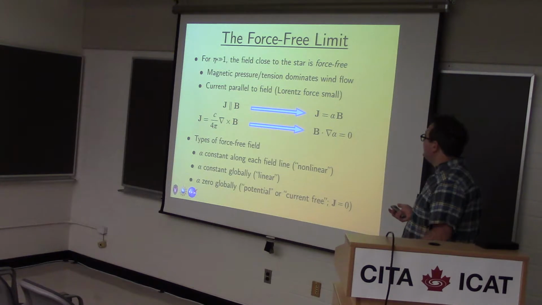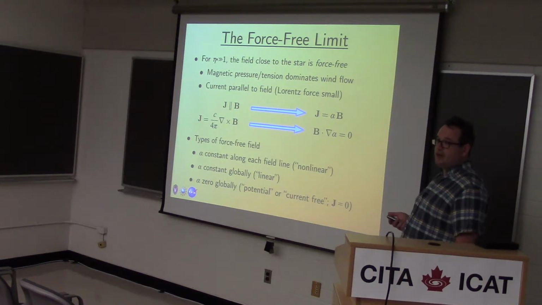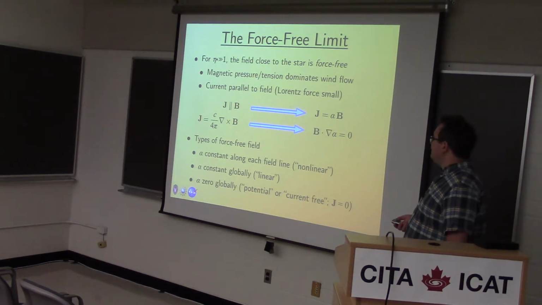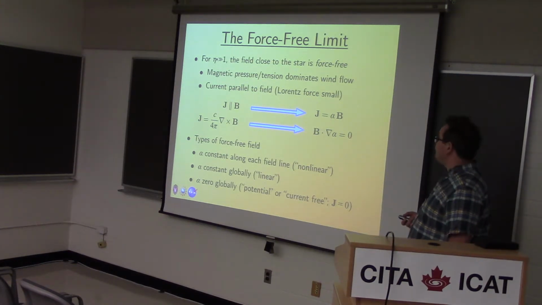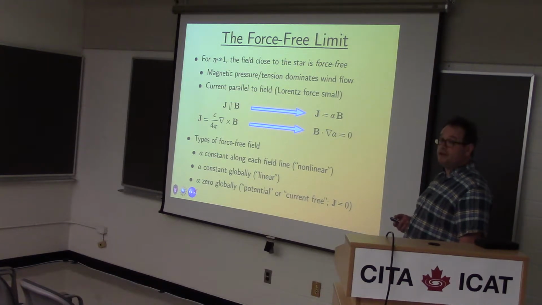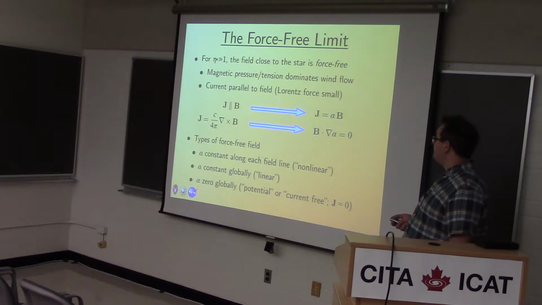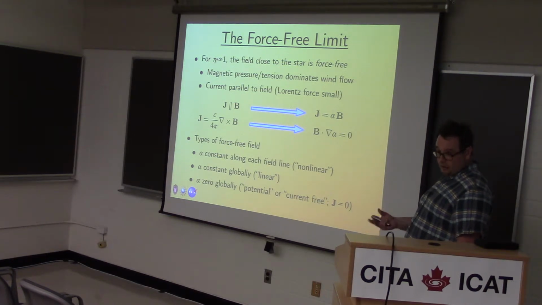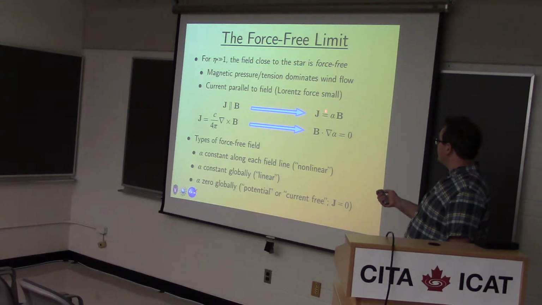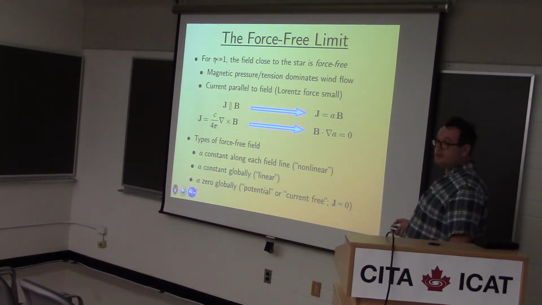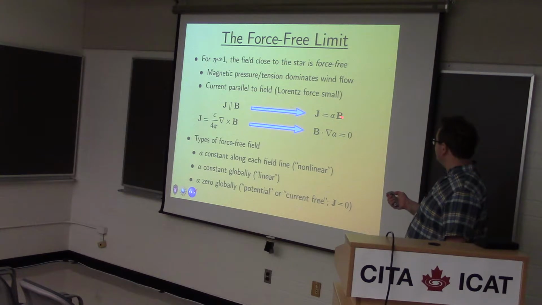A force-free field is one in which the Lorentz force, or rather the individual magnetic pressure and magnetic tension making up the Lorentz force, are much, much stronger than the inertial terms in the MHD momentum equation. For a force-free field, the current ends up being parallel to the field. So we can always write that the current density is equal to some constant of proportionality times the field vector.